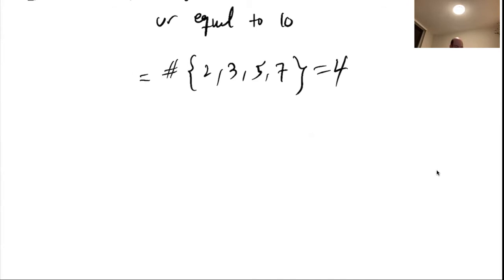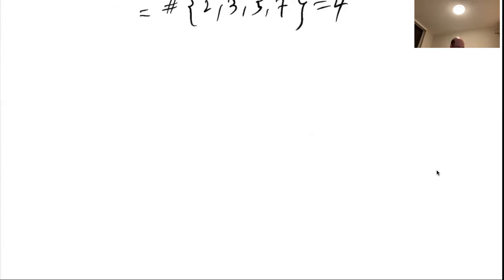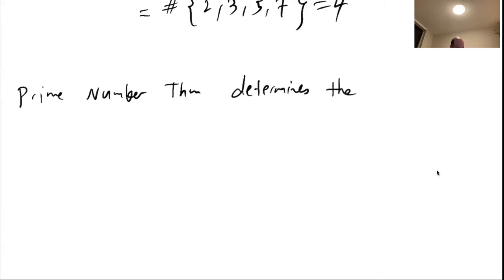Now there is a very famous theorem in number theory called prime number theorem. Prime number theorem determines the growth of pi of x as x goes to infinity.